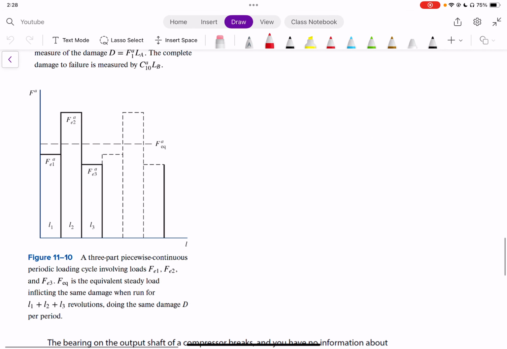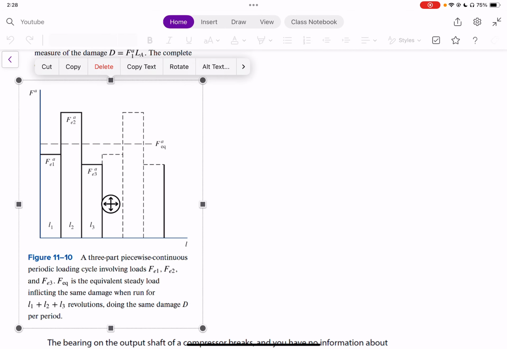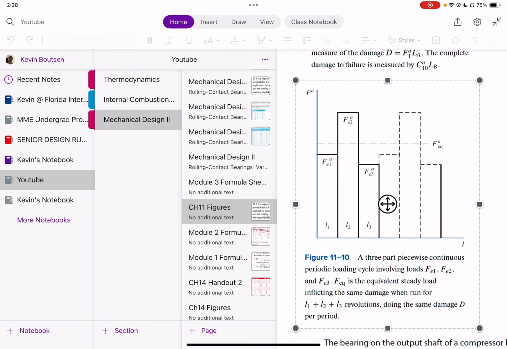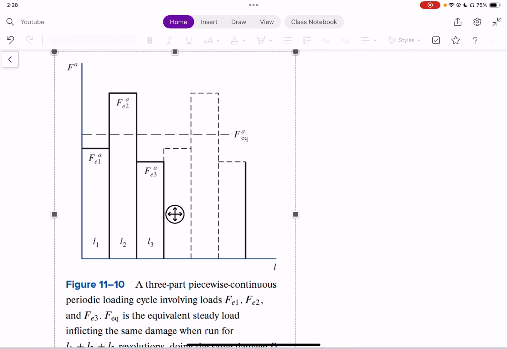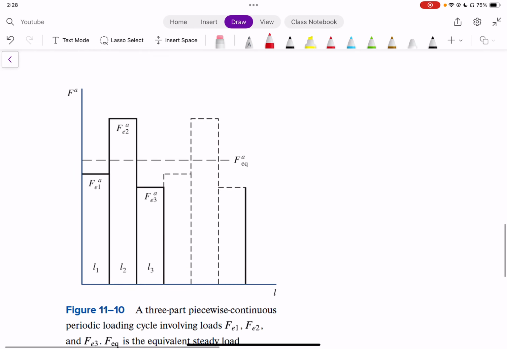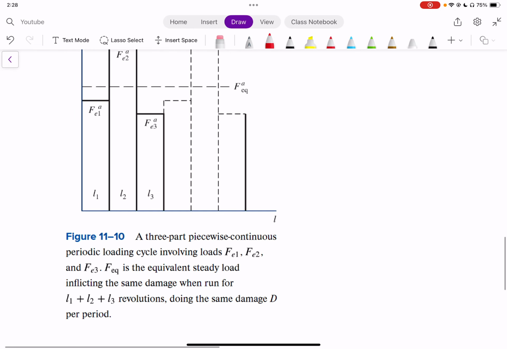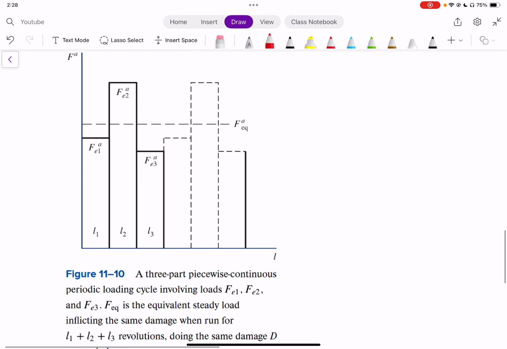So what I'm going to do is copy over a figure from our handout. I'm going to copy over figure 11.10 really quickly. And we're going to see that figure 11.10 shows us a piecewise system where we have a 3-part continuous periodic loading cycle. As you can see, we have this first loading here, then we have a second loading that's higher, and then a third loading that's here.